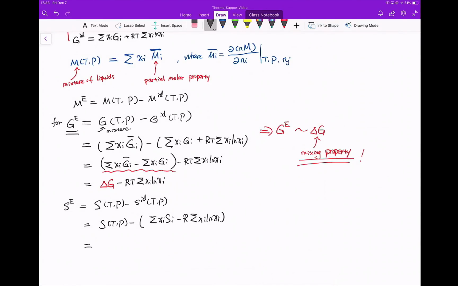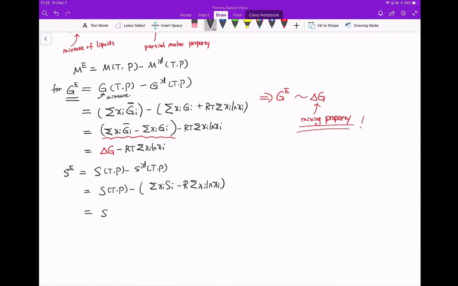Rearranging the first two terms, S of the mixture minus xi times the corresponding pure component, put them together, plus R summation xi log xi. That would be delta S plus R summation xi log xi.